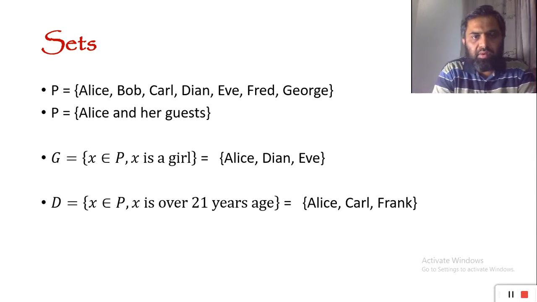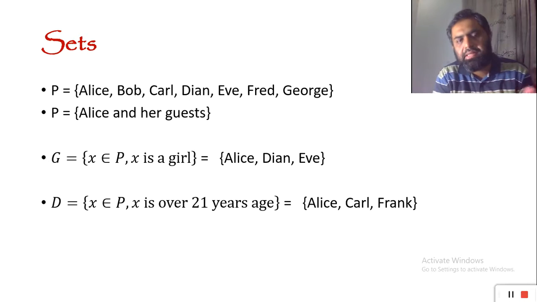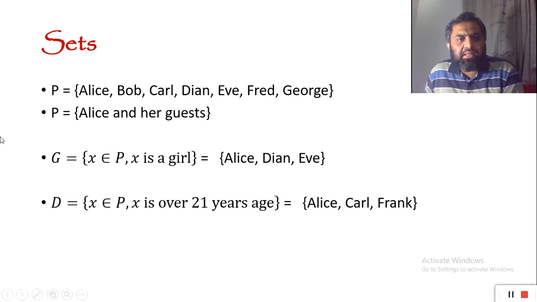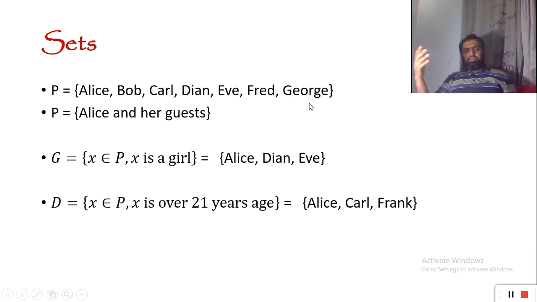P is a collection of these objects that we are discussing, these people. So P, for example, people or persons. We can represent them as a set like Alice, Bob, Carl, Diane, Eve, Fred, George, or we can represent them through a different notation. But the important thing is that the meaning should be conveyed properly and exactly as we want to discuss.